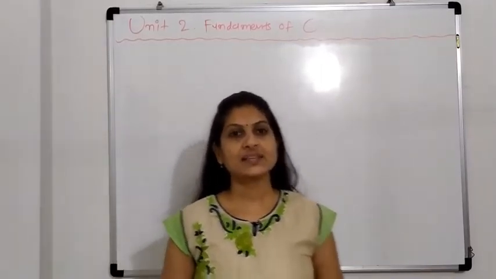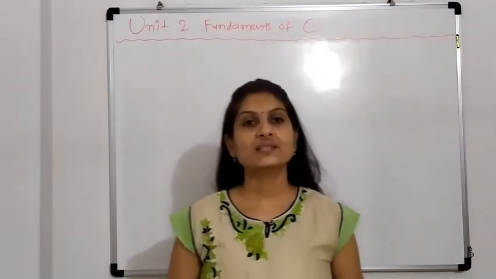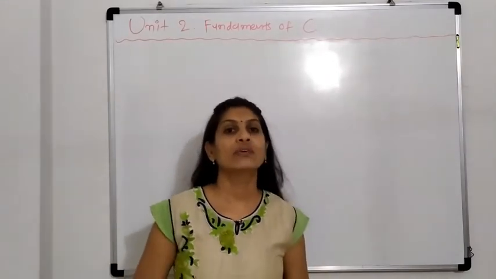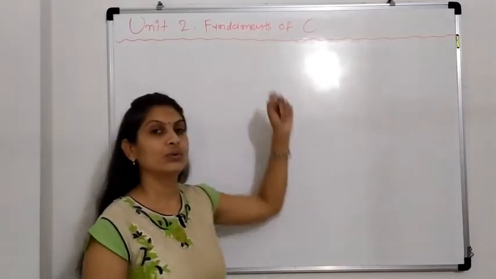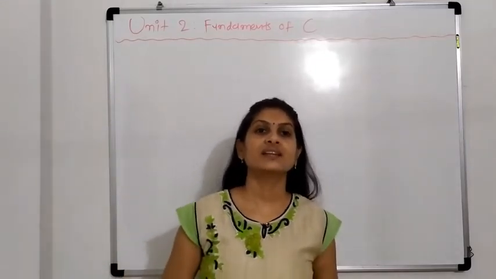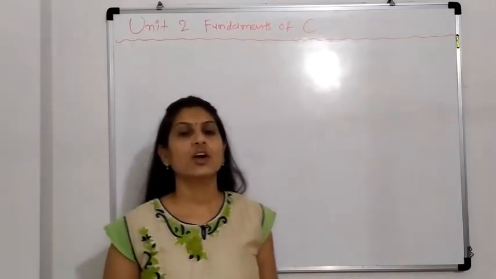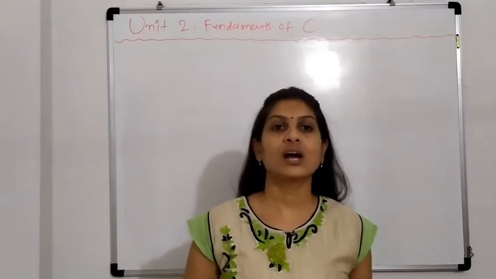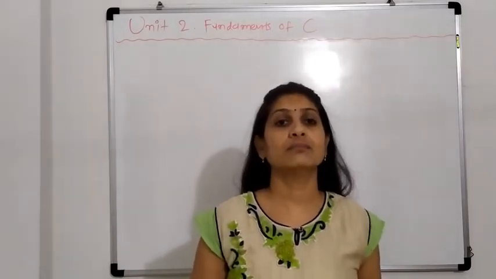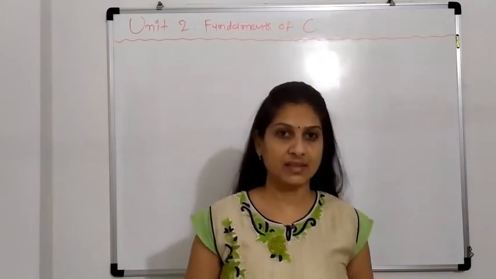Today we start another unit, that is unit number 2, and the title is Fundamentals of C. Now here we discuss the C language, that is our programming language. In the first lecture we only introduced how to write the program, what the basic need is to write the program, block diagram, something like that.